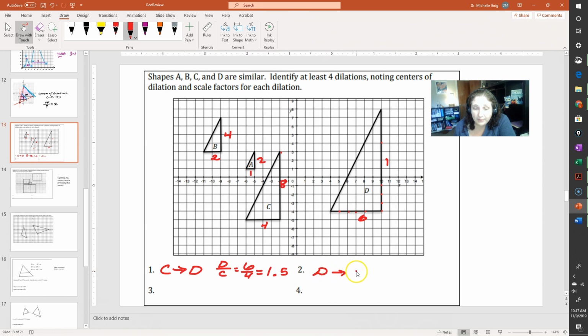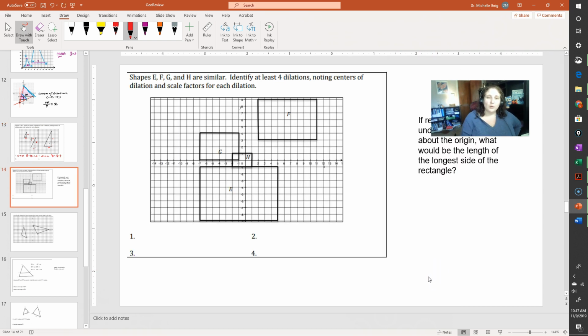But if I was going from D to C, because C to D got bigger, it was an enlargement. If I'm going from D to C, then again, the image C goes over the pre-image D, in which case I'd have 4 over 6, or 2/3 is my scale factor. So again, you really want to pay attention to what is the image, what is the pre-image.